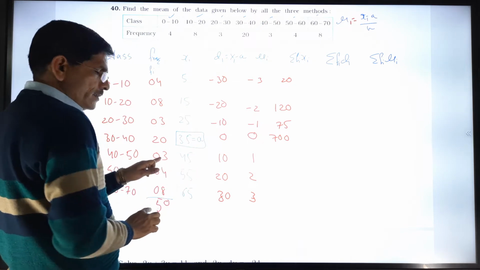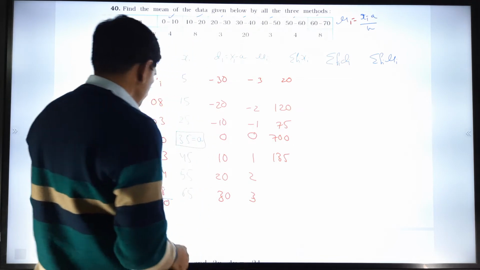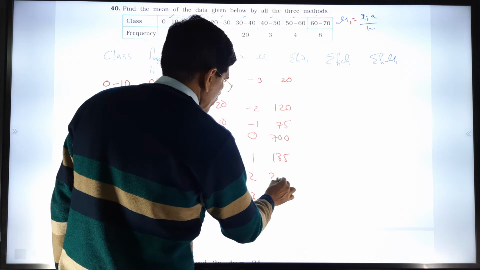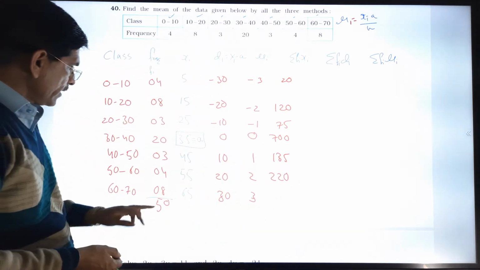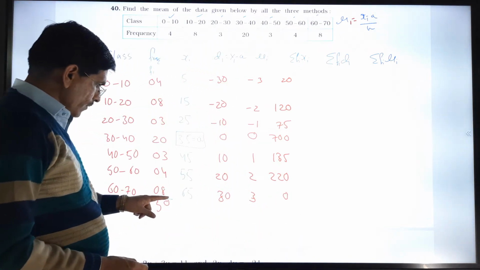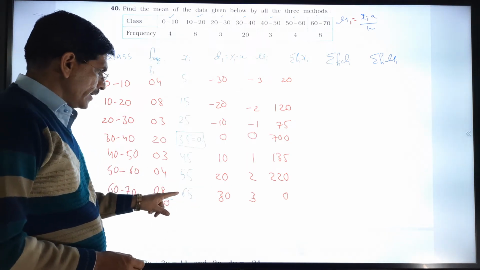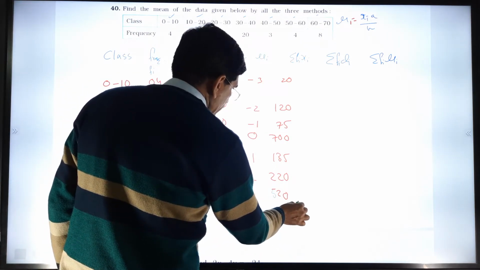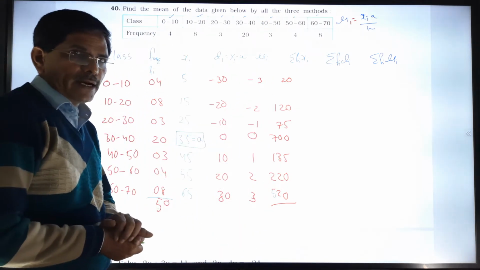Again 45 3s are 135. 55 4s are 220. And 65 8s are, so 5 8s are 40, 0 carry 4, 6 8s are 48, 48 plus 4, 520.